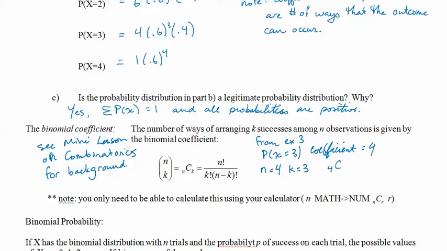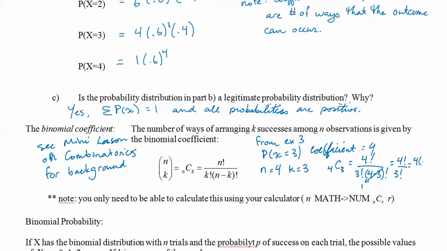So we would write 4 choose 3 equals 4 factorial divided by 3 factorial times 4 minus 3 factorial. Now, 4 minus 3 factorial is simply 1. So this now becomes 4 factorial over 3 factorial.